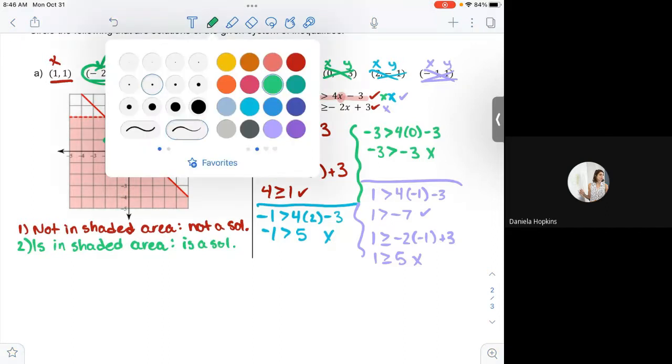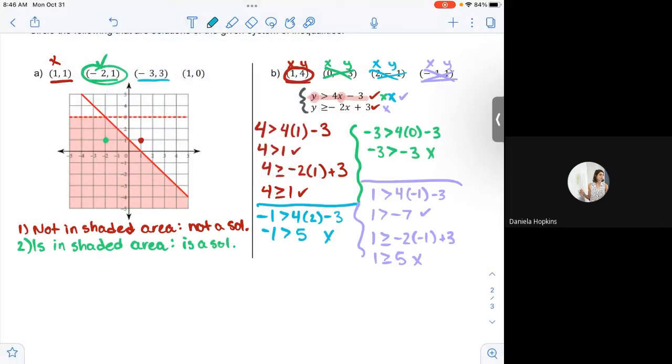Now let's test -3, 3. So if I go over to x is -3, y is 3. This is on the dotted line. So this is why it's really important that we pay attention to whether or not our lines are dotted or solid. Remember, the dotted line means that this is less than or greater than, but there's no equal to. And that looks like what happened here in this example 2B, the green one that we tested, right?